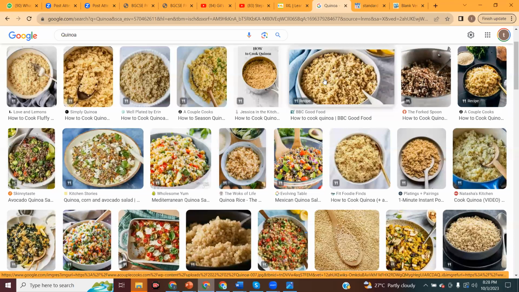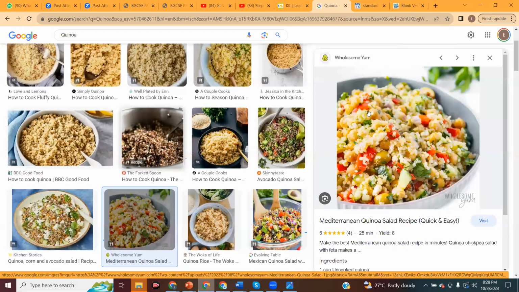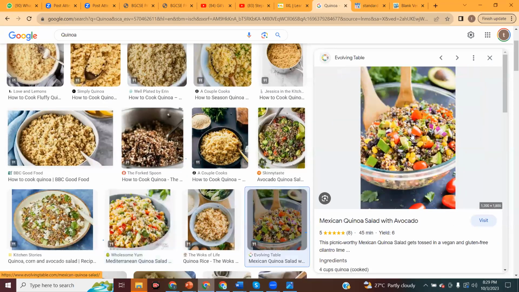But these are some nice pictures of quinoa. You can make it and put an avocado in with it and everything. Healthy people who don't want to deal with white rice use quinoa. So this is Mexican quinoa salad. This is very high in protein.